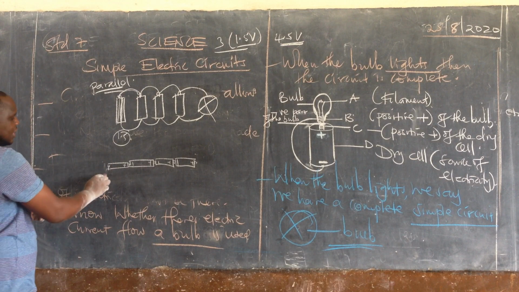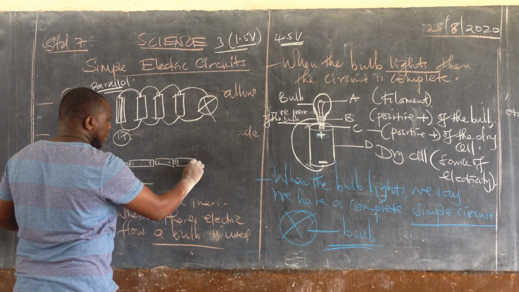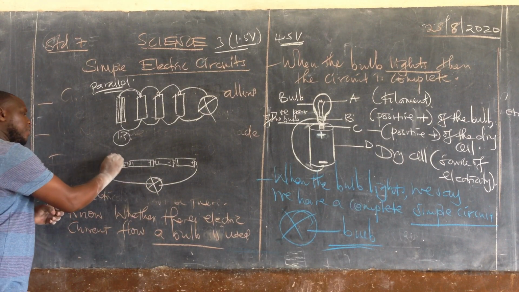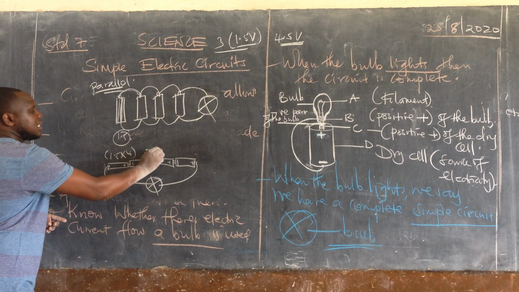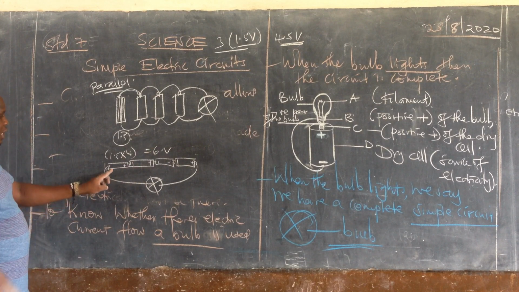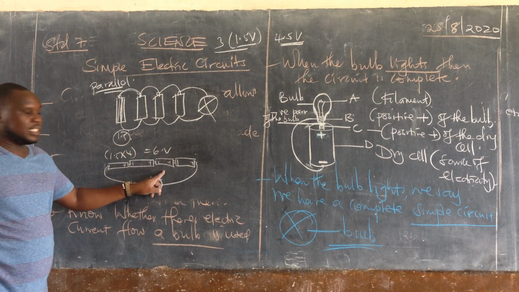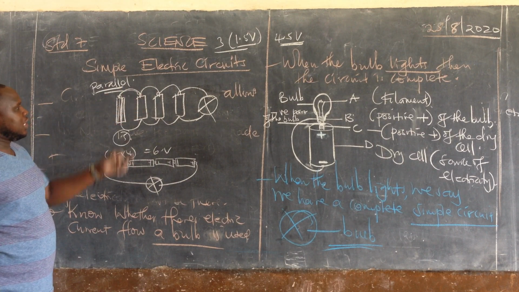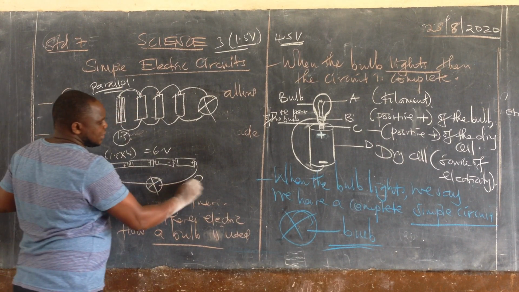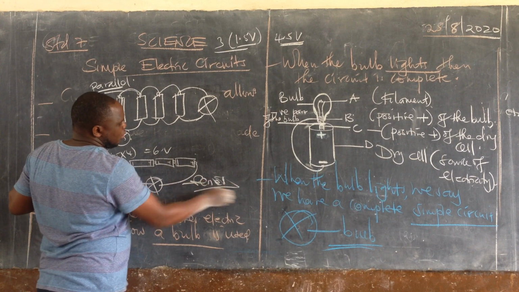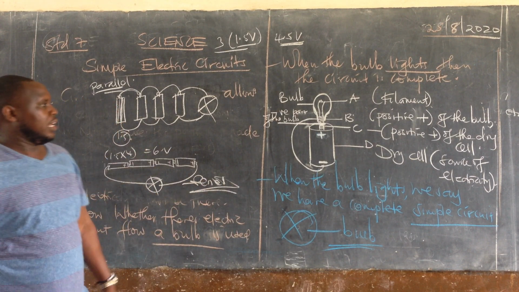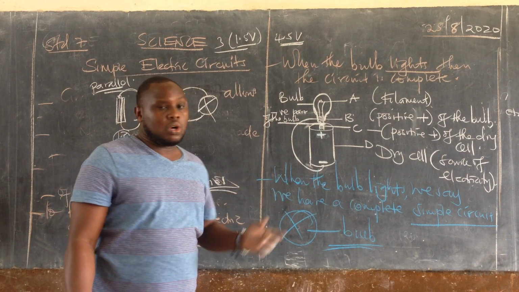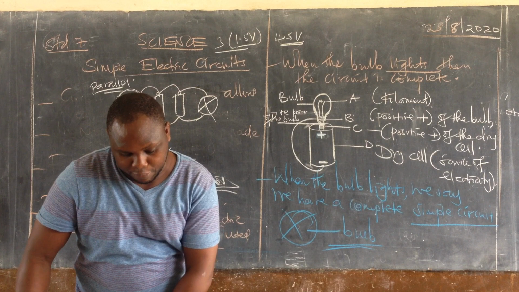If you bring a bulb here, this bulb is going to use 1.5 times 4. That is going to be 6 volts, because each battery is going to be used in this case. But this connection where a positive is to a positive, we call a parallel. So this is a series type of connection. Depending on the connection, you can have a dim light or a very bright light.